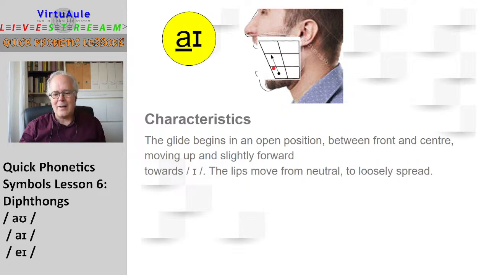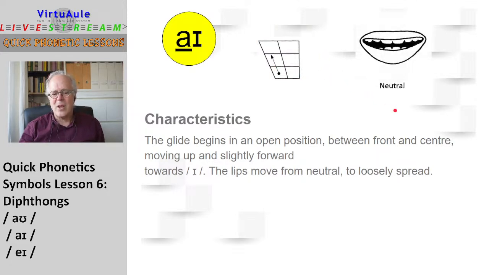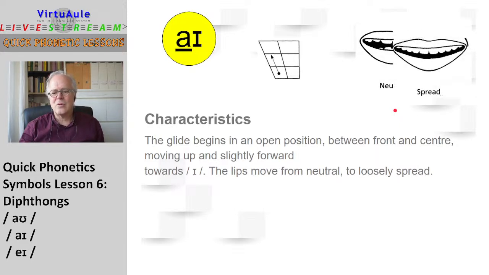Front and center. That's the symbol, the representation there, and we go from neutral to a spread. So your lips change here.